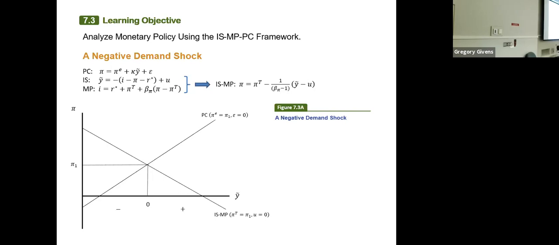That's what the new Keynesian model is useful for. It's trying to understand how the monetary policy rule, and that is changes in the policy setting, are going to be transmitted through the rest of the economy and determine in equilibrium what the level of the output gap and inflation is going to be.